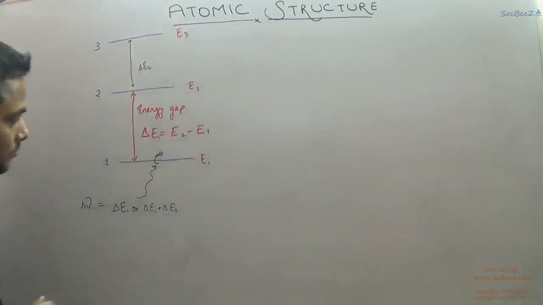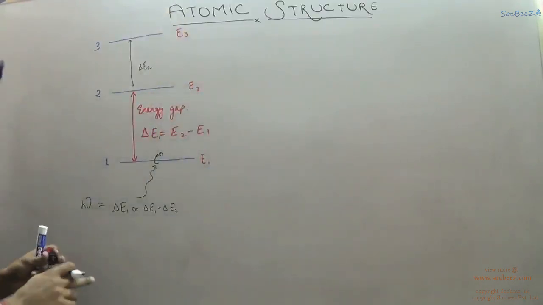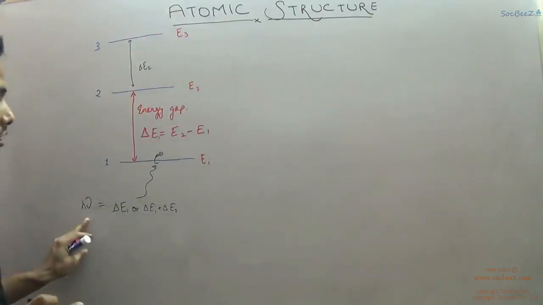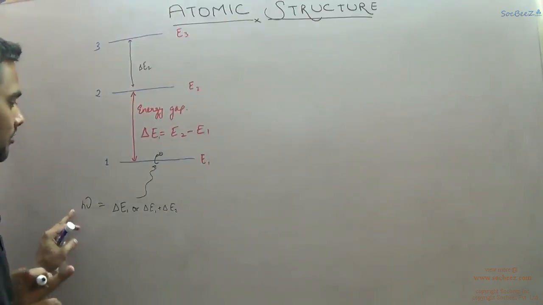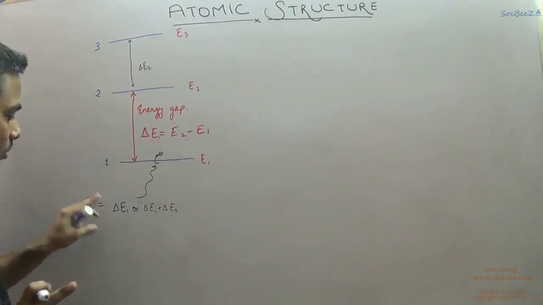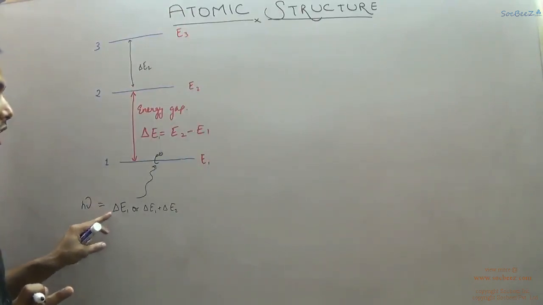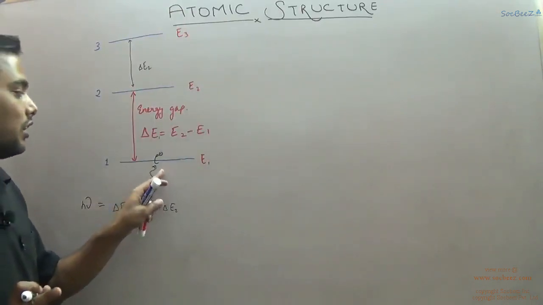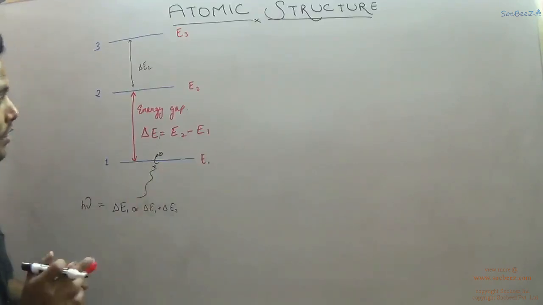So we measure the wavelength of the incident photon, and the wavelength at which the electron has made the jump.